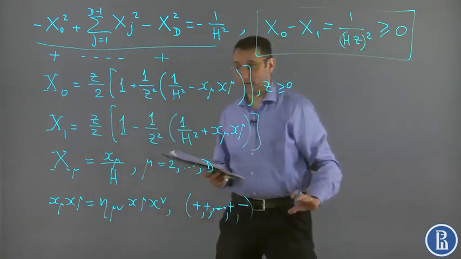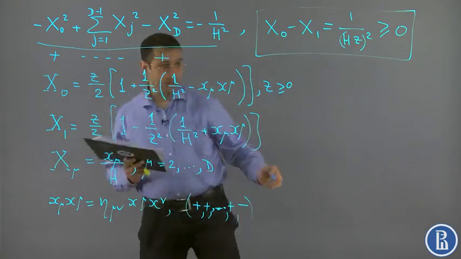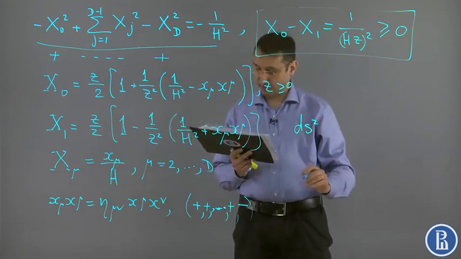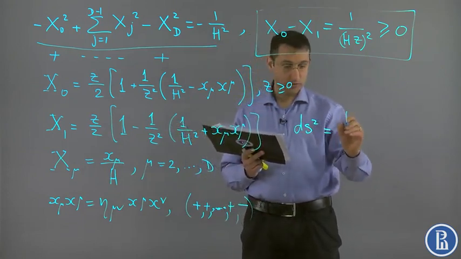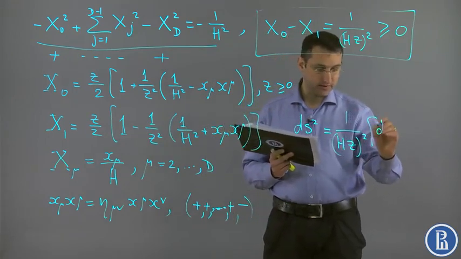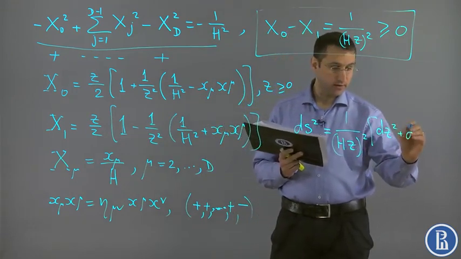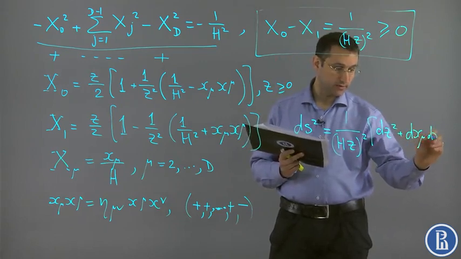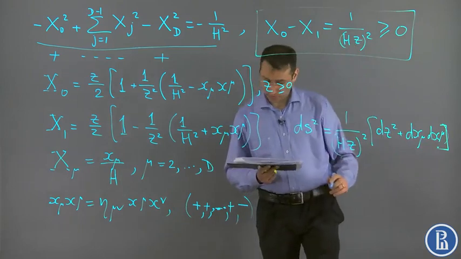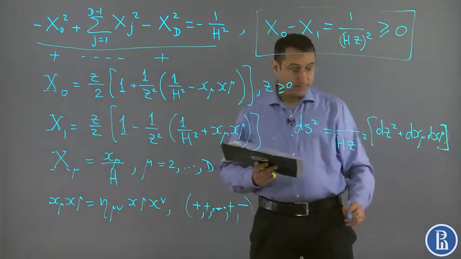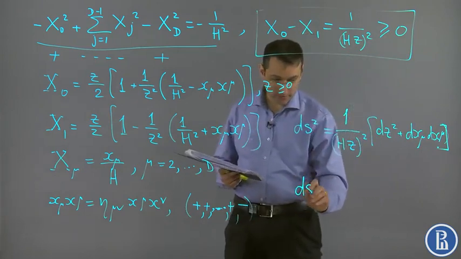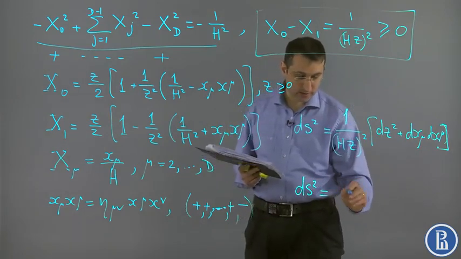And in fact, if one uses these coordinates, the induced metric on the anti-de Sitter space is just ds squared equal to 1 over h z squared, times dz squared plus dx mu dx mu, which is very similar to the metric in the expanding and contracting patches.